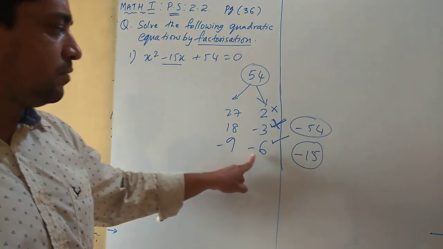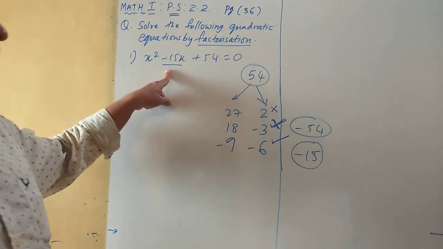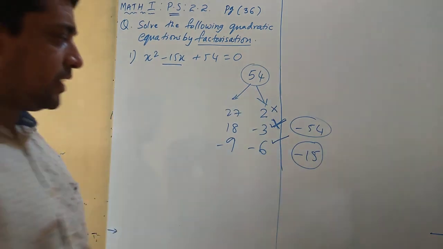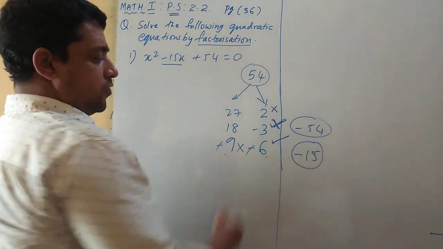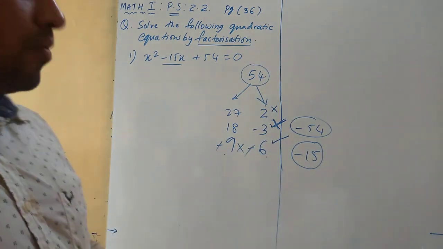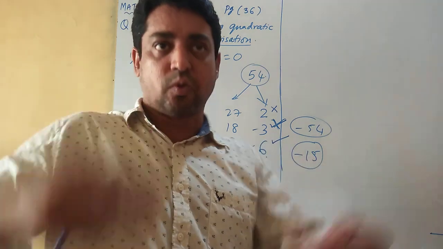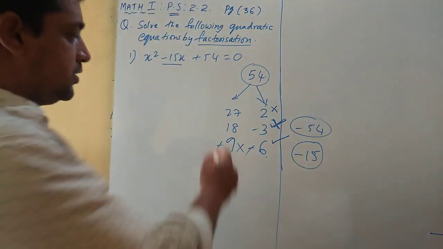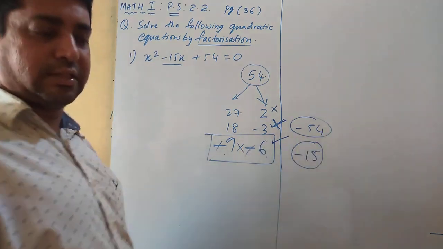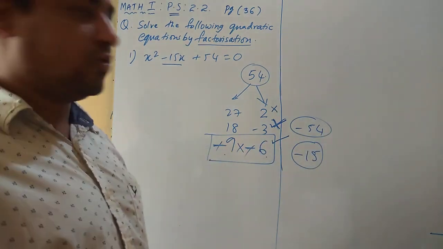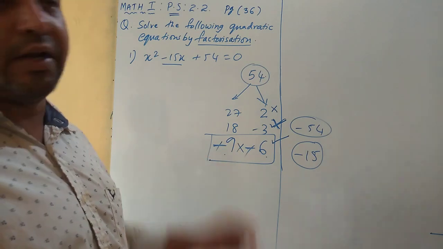So minus 9 minus 6 is minus 15. And when I multiply, 9 times 6 is 54 and positive, the minus signs get cancelled. When we multiply two negative numbers, it becomes positive. So that means your correct pair is minus 9 and minus 6. Is it clear? This is how you have to find the correct pair.